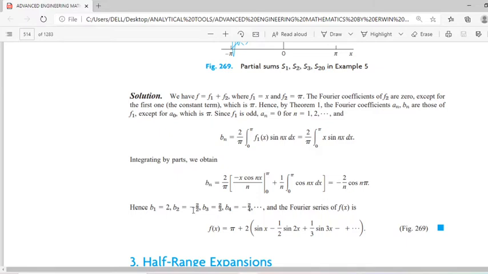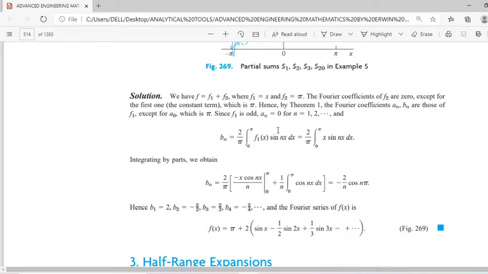For b2, put n equal to 2 here, so you will get b2 equal to minus 2 by 2 into cos 2 pi. Cos 0 is 1, cos 2 pi is 1, so b2 is equal to minus 2 by 2. Similarly, we can find all other values.